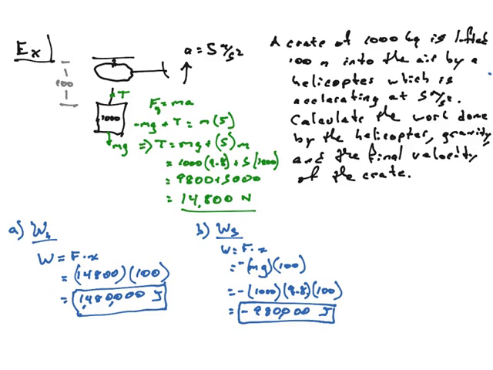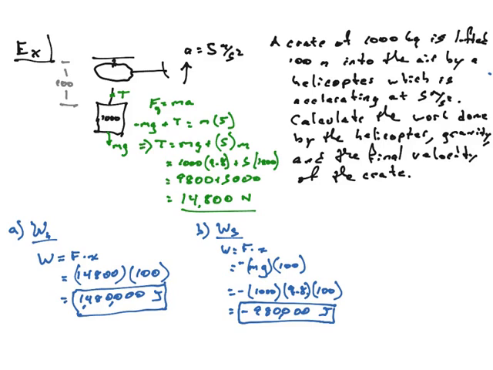Gravity, same thing. How much force is gravity? mg. How much of that is in the direction of motion? The whole thing. It's a y force. So mg times 100, but negative because gravity is opposite to the direction of motion in this problem. Let's say the helicopter was moving down, so the crate was falling.